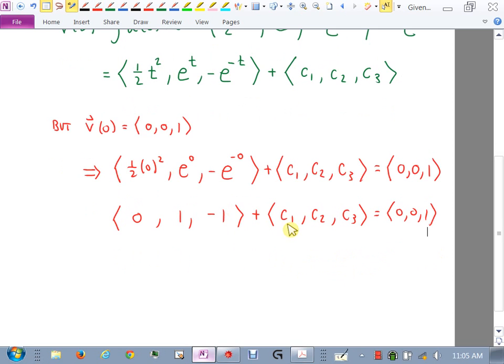And so to get this constant vector, which is what I'm trying to figure out, by itself on one side of the equation, I can basically subtract this vector on both sides, right? Subtracting the vector 0, 1, negative 1. Vector subtraction, you just subtract the components, don't you? So we get that c1, c2, c3 must be the vector what?